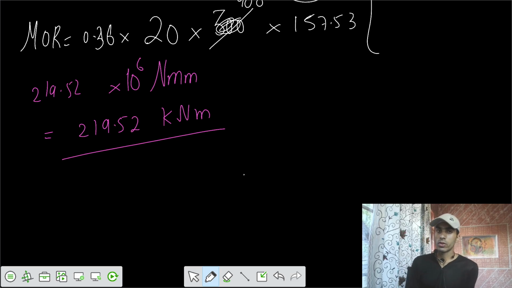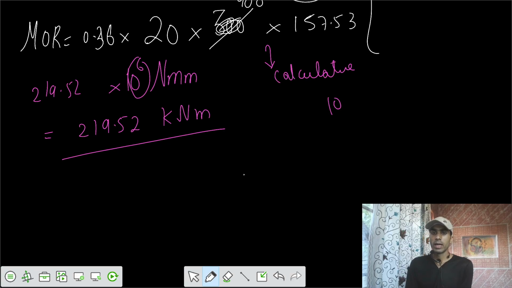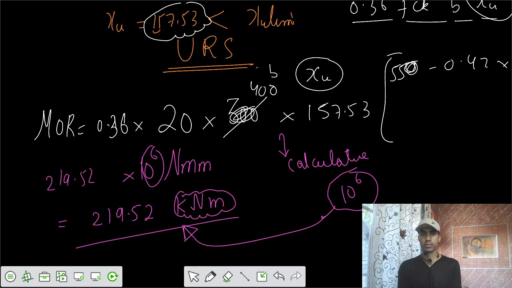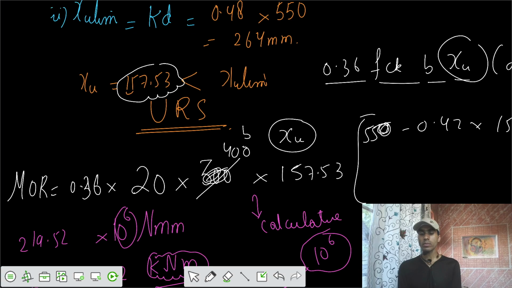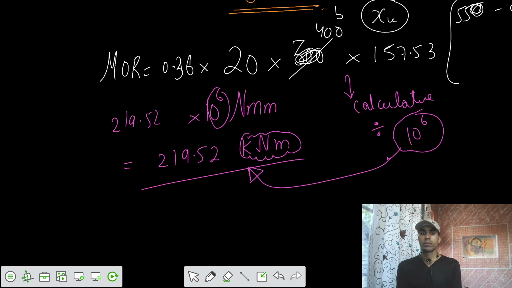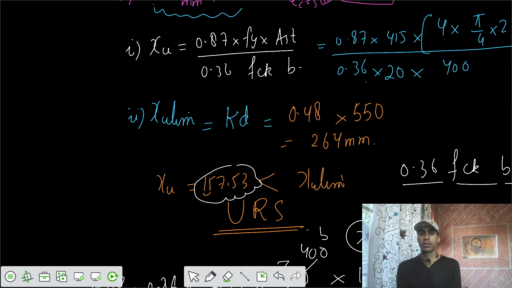So once you get that answer, you have to divide by 10 to the power 6. On the calculator you divide by 10 to the power 6, and you get the final value, so the final units are in kilonewton meter. So finally, you got the moment of resistance for the first case.